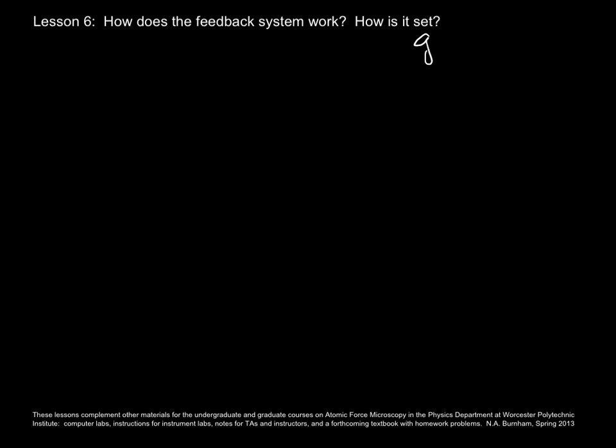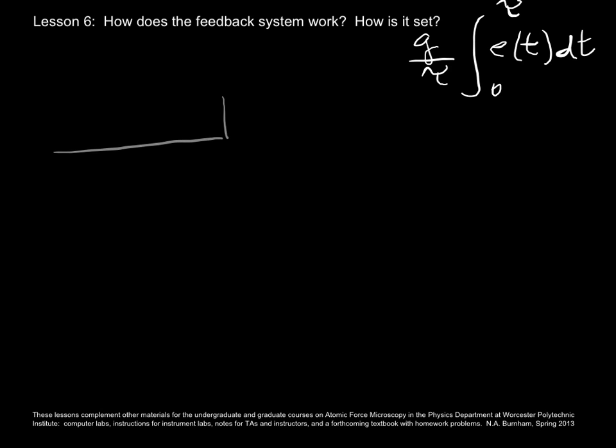Let's take a closer look at that scary mathematical function, the gain over time constant, the integral of the error signal with respect to time. Let's see how that plays out in an example. The example we'll use is the cross-section of a square step, and we'll have our cantilever moving left to right.